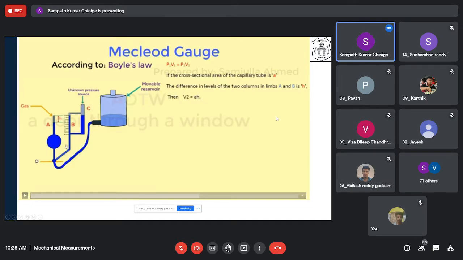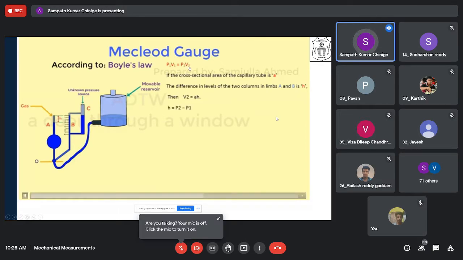V2 is pi by 4 d square, small d square, whatever you take. This area is basically your A into H. That will give you the volume of the entrapped gas, only this part, which is given by A into H.